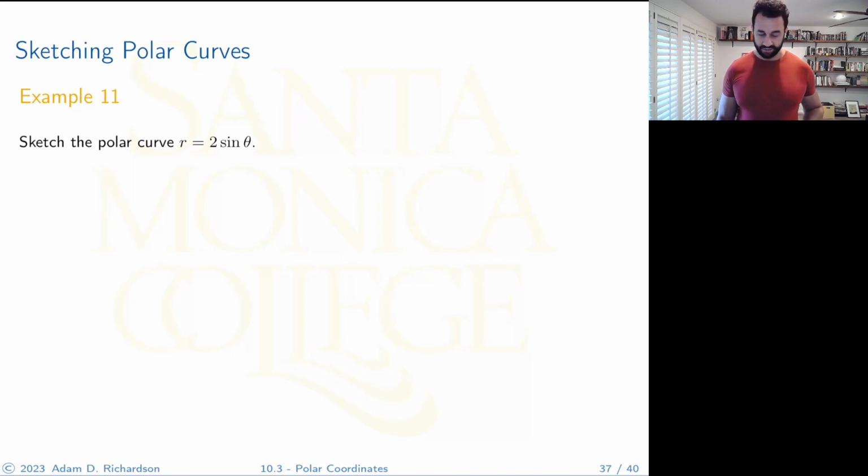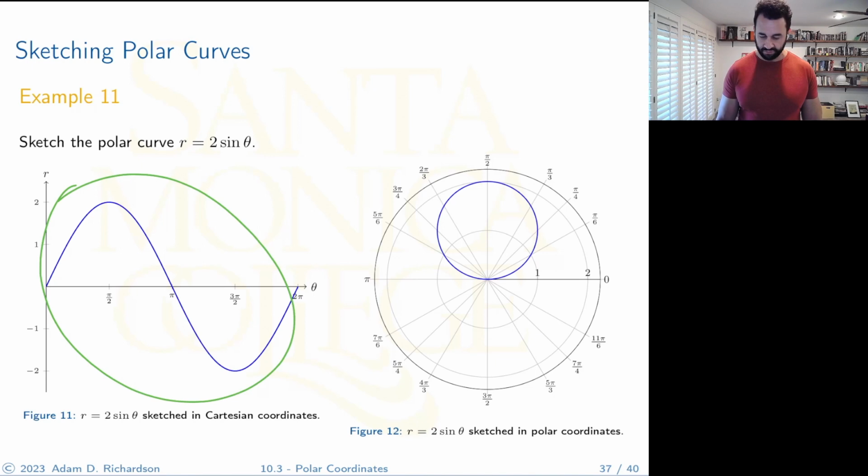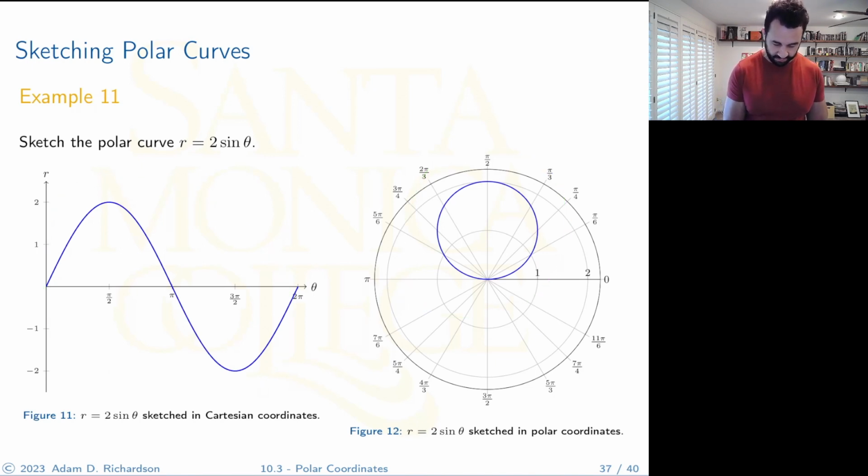All right, let's look at it together. I've got this graph nicely on the slides here, but I'm just going to point out where the arrows are. So let me go ahead and pick a green arrow. One thing I'll point out is that this is the graph that's going to inform how to graph this. As I go from 0 to pi over 2, my radii behave this way. So getting larger, larger, larger, and then I'll be all the way out at 2 when I'm at pi over 2.